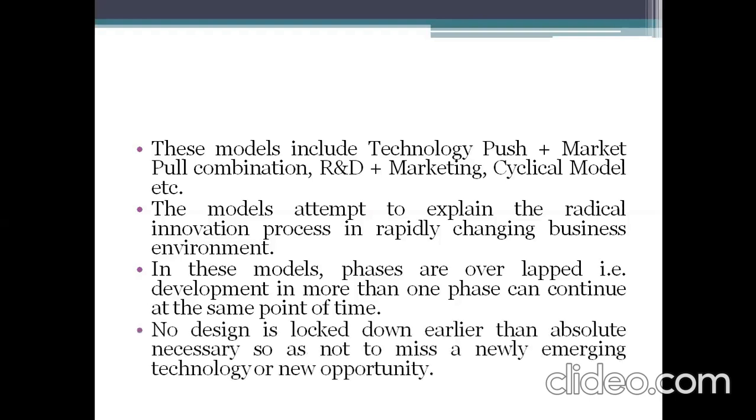No design is locked down earlier than absolutely necessary, so as not to miss a newly emerged technology or new opportunity. So we don't have any threat or trouble of skipping any innovation process, or any backlog from having skipped a technology which has just been offered to the market.